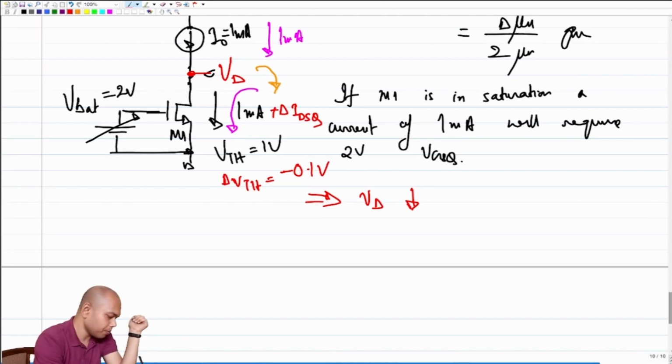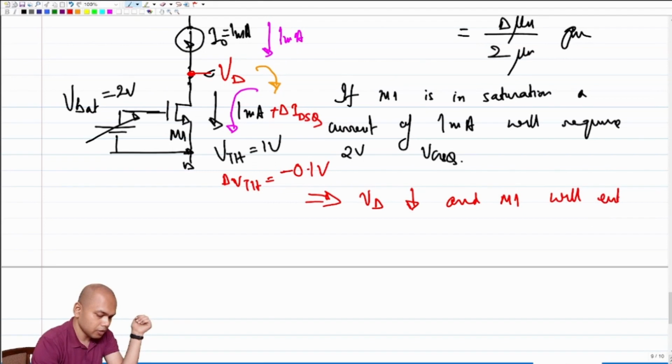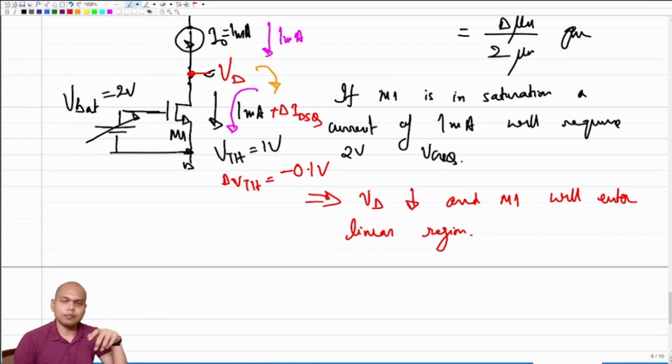So VD will drop and M1 will enter linear region of operation.